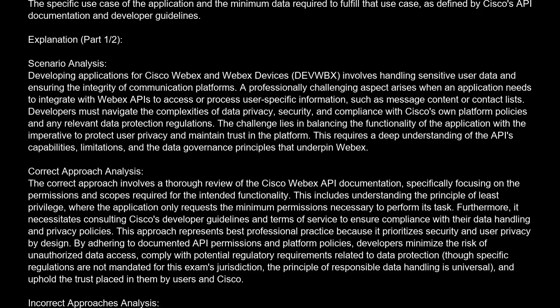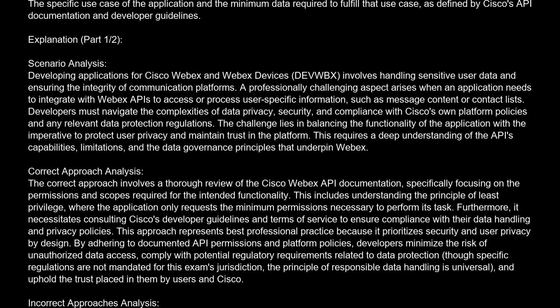Developers must navigate the complexities of data privacy, security, and compliance with Cisco's own platform policies and any relevant data protection regulations. The challenge lies in balancing the functionality of the application with the imperative to protect user privacy and maintain trust in the platform. This requires a deep understanding of the API's capabilities, limitations, and the data governance principles that underpin Webex.